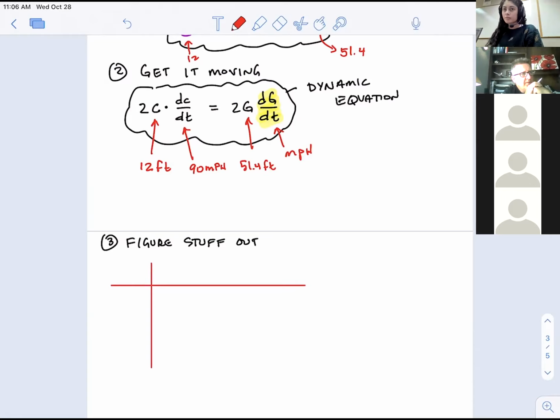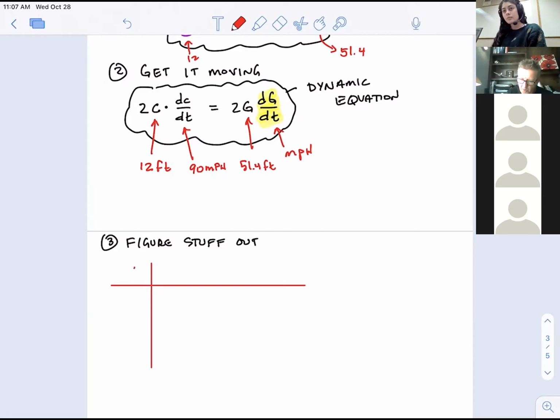Because the units on the left are feet miles per hour, even though it's kind of a weird unit, and on the right the units are feet miles per hour, we don't need to convert this. If you do convert it, fine, it still works great. I'm worried that me saying this to you is going to screw you up with problems, because there are times when you might need to convert it, but no, I actually don't think we need to here.